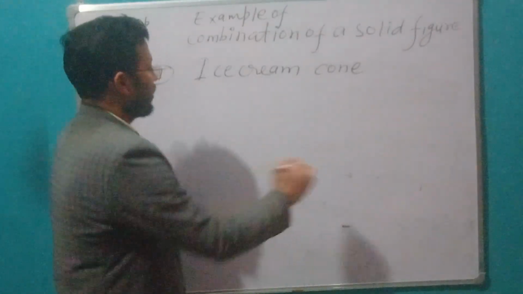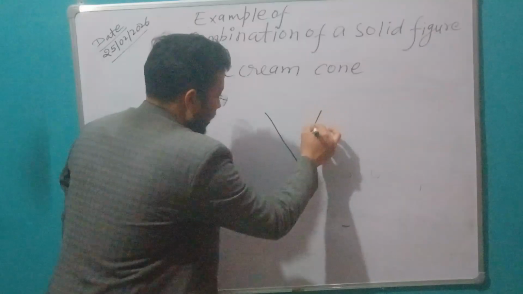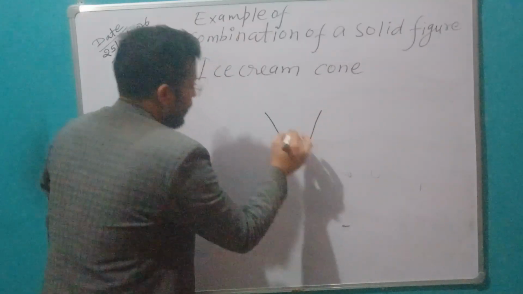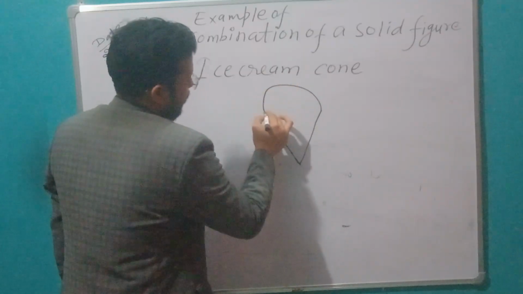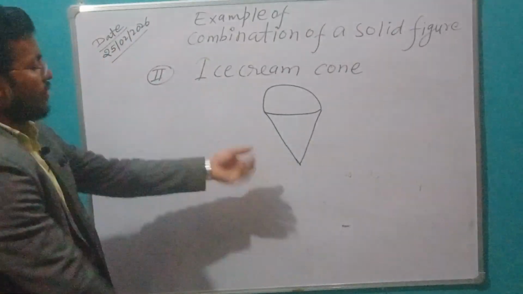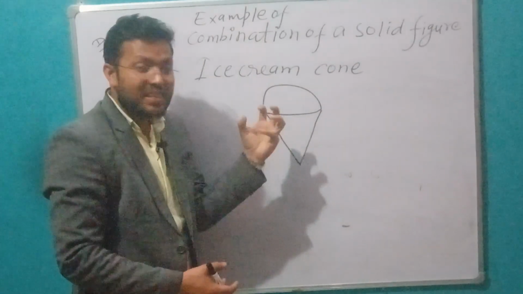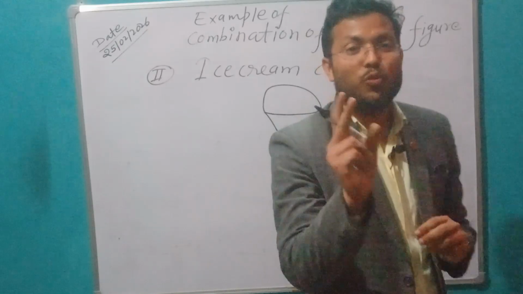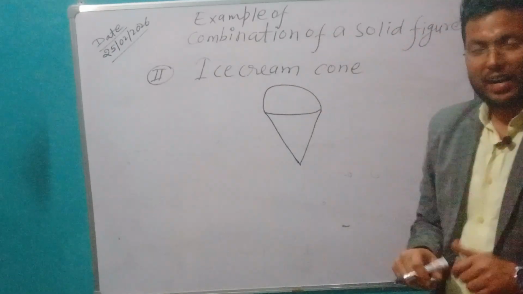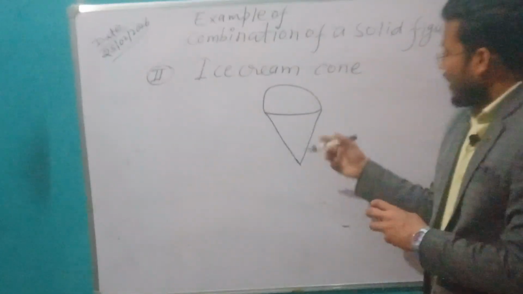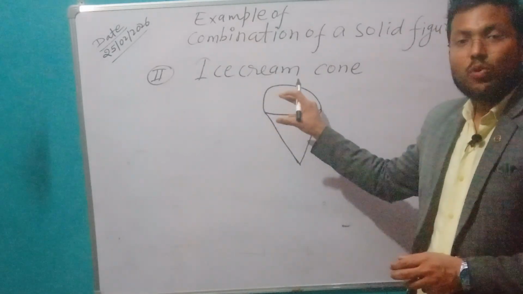You see the figure from here, you see this figure. This is the ice cream cone, because it is made up of two basic solid figures. This is the cone and this is the hemisphere. This is the ice cream cone and the upper side looks like a hemisphere.